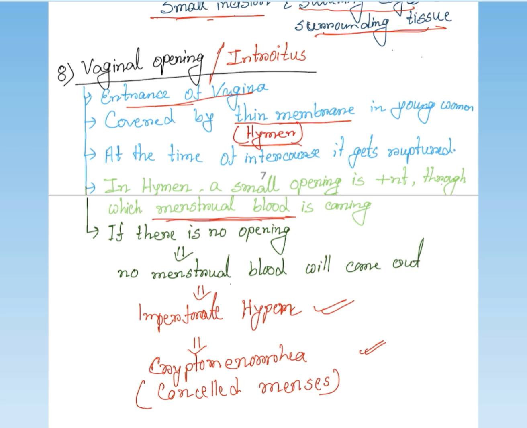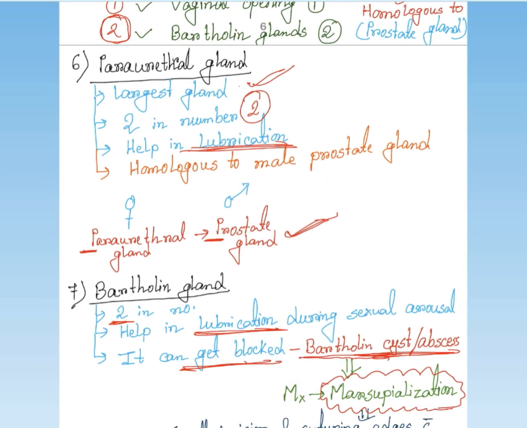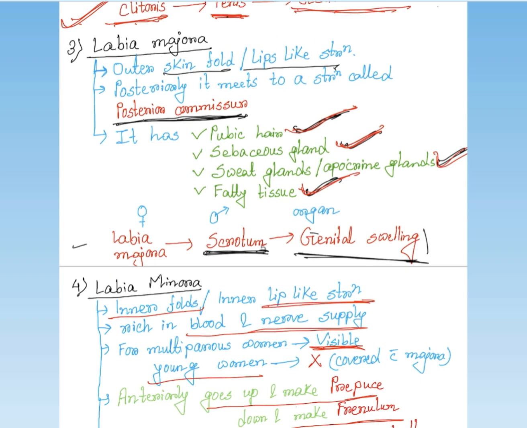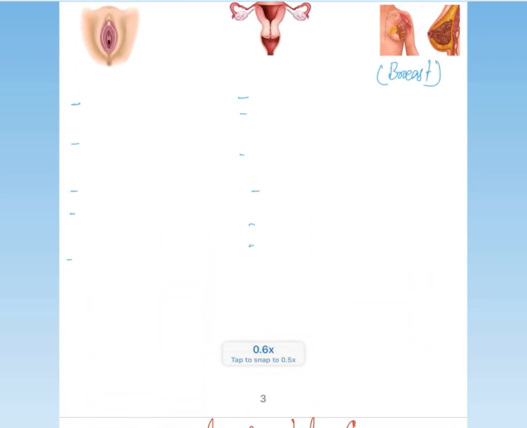So what is the management of this cryptomenorrhea? We will make an incision in this hymen through which the menstrual blood will come out, and this is the management of cryptomenorrhea. So that's all about your external genital organs. What we have discussed in the external genital organs, we will make a list here.